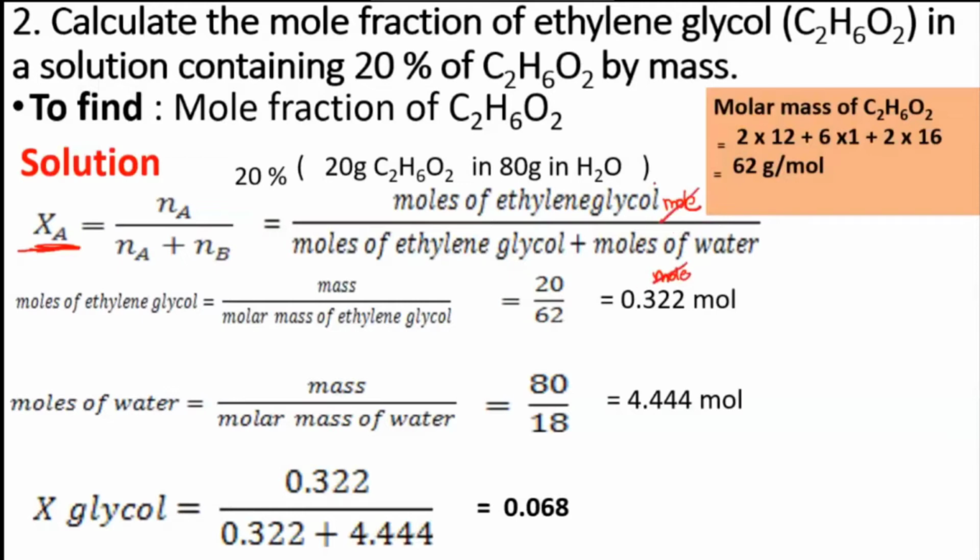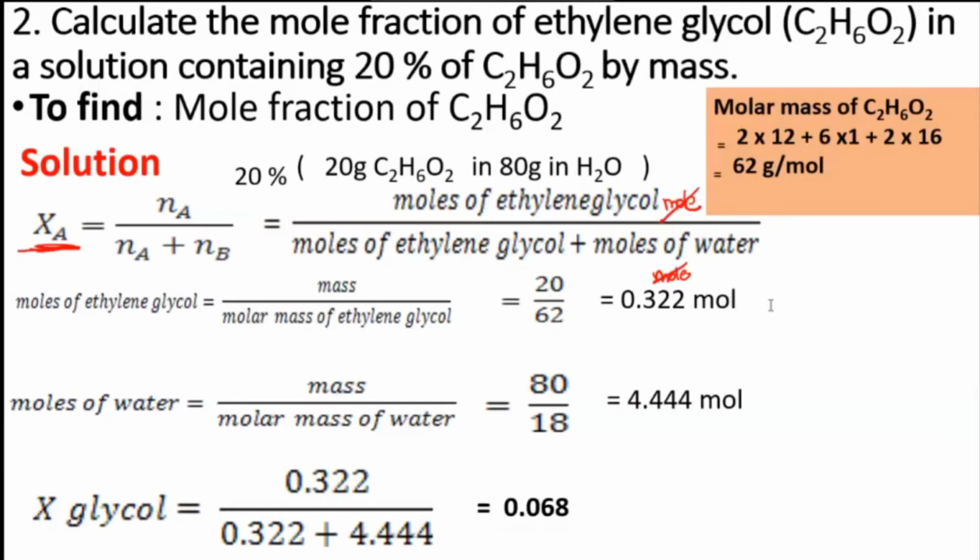So mole and mole get cancelled out, so you don't have any unit. You can see here I haven't written any unit, so don't write mole here, otherwise you may lose your mark. So there is no unit for mole fraction. That's one point I wanted to tell you in this problem.